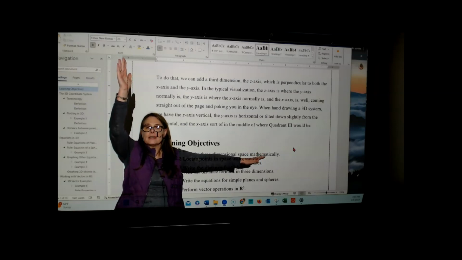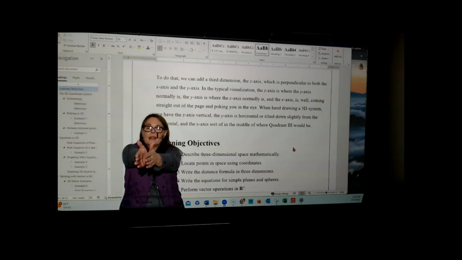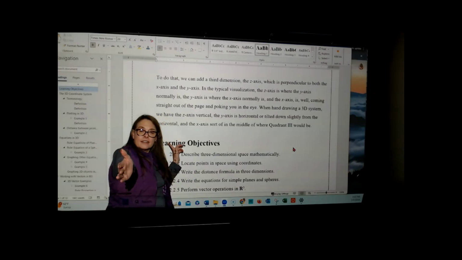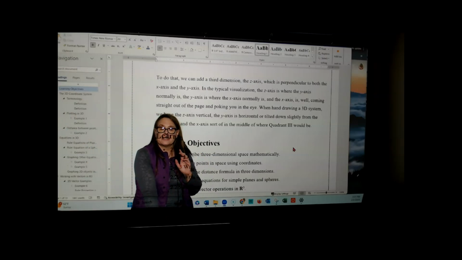So where is the x-axis? Well, the x-axis is coming straight out of the board and hitting you in the face. So the positive x-axis is extending forward. The negative x-axis is going behind the screen. So the negative y-axis would be over there and the negative z-axis would be down.